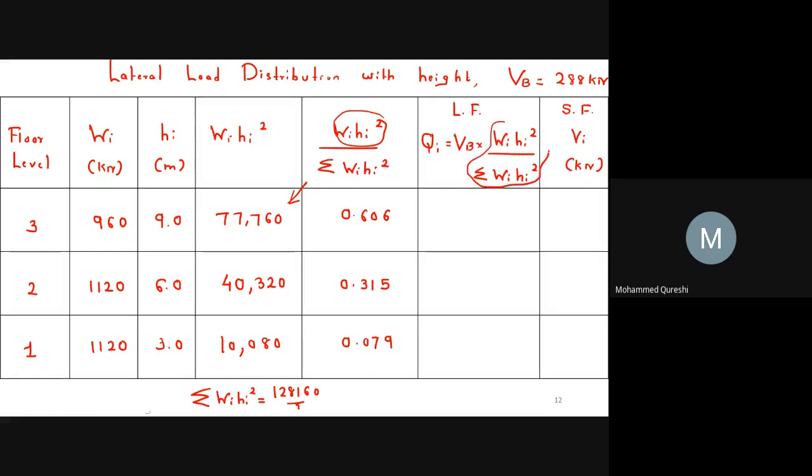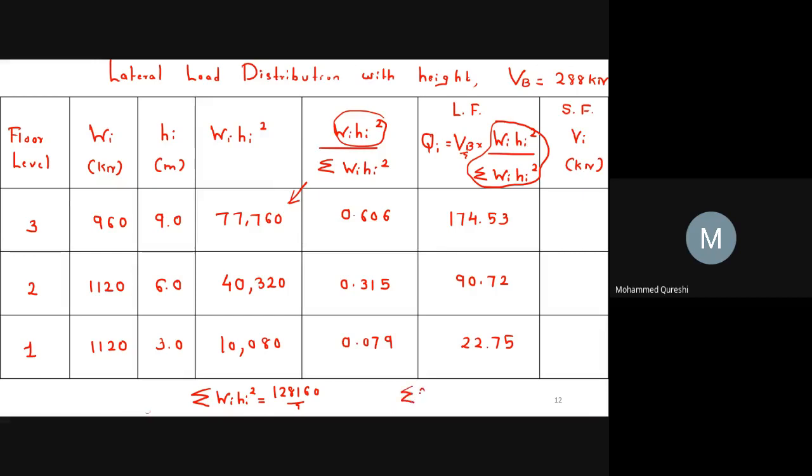Now putting these values directly here and multiplying these values with VB, that is 288 kilonewton, you will get 174.53. Similarly 90.72, and by using the same equation but with different values you will get the value of first floor level as 22.75.